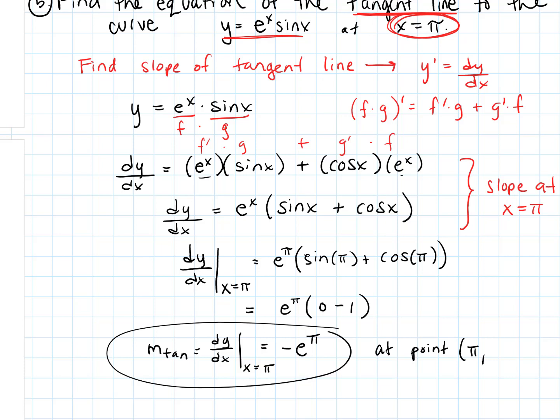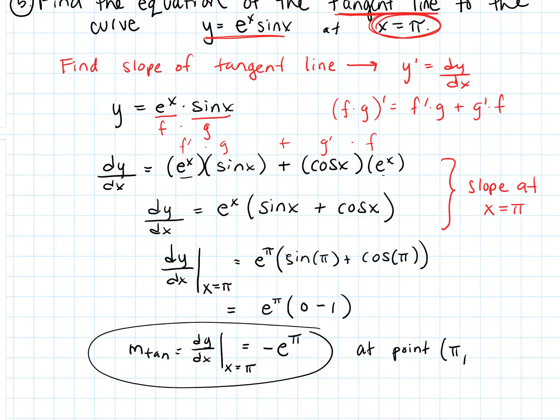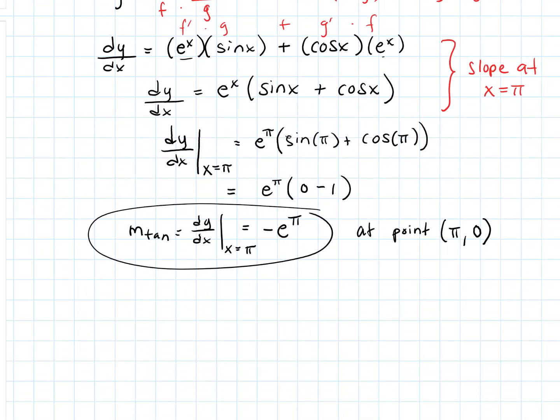If I plug pi into the function up here, we get e to the pi times the sine of pi, but the sine of pi is 0, so that's equal to 0. So the point is pi, 0. Now all I have to do is write the equation.